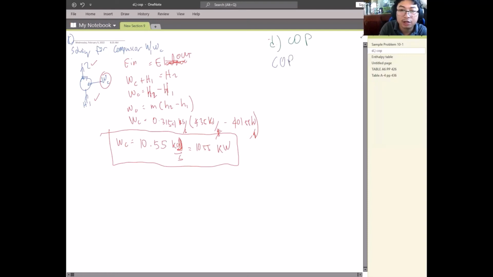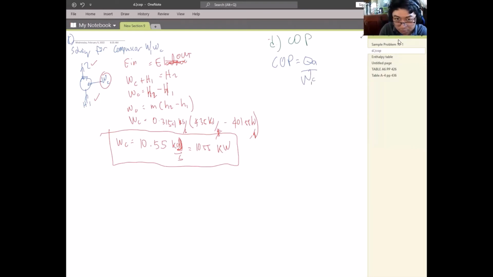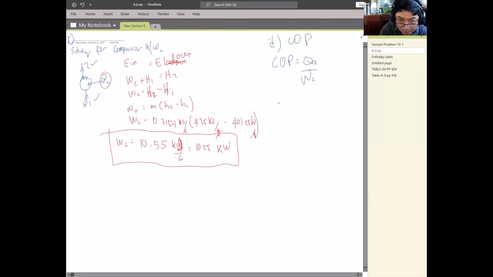So we already know COP is the ratio of your heat to your compressor work. So the performance will be substituting QA.